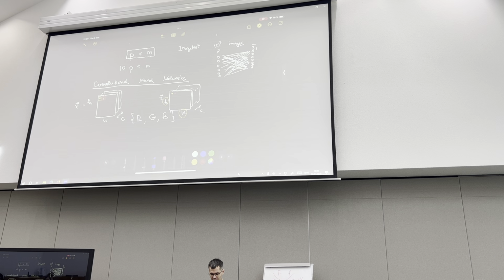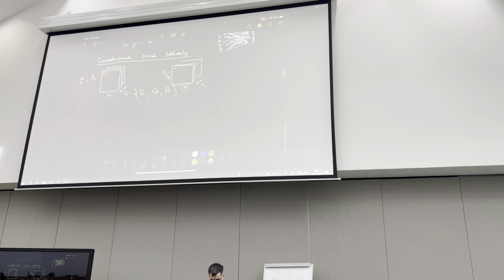Because of this, we do not have all connections here, but only some subset of connections. And because of this, the number of parameters would be much smaller.